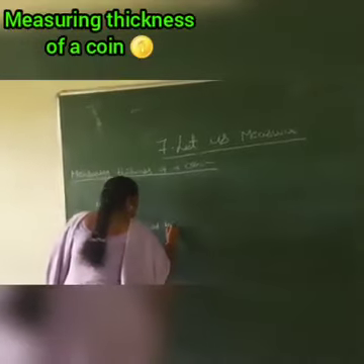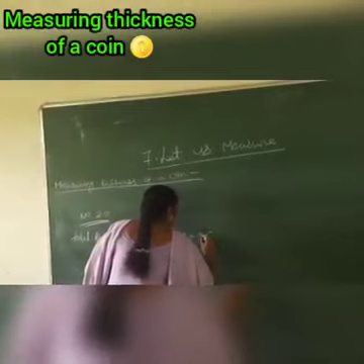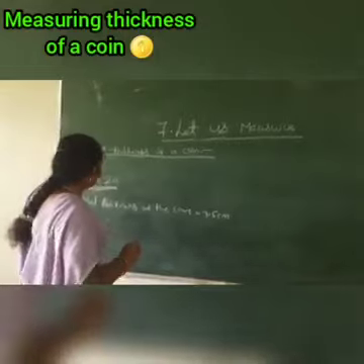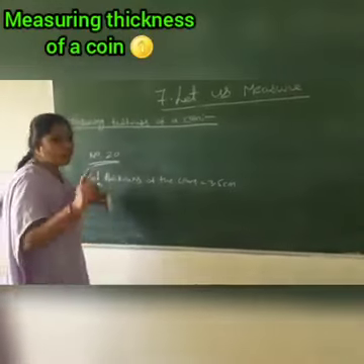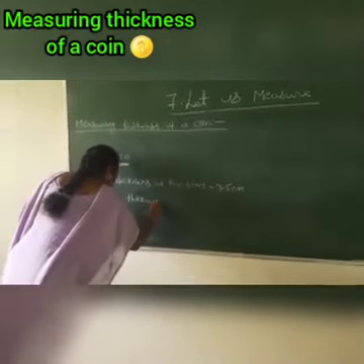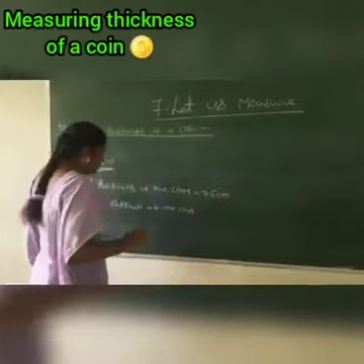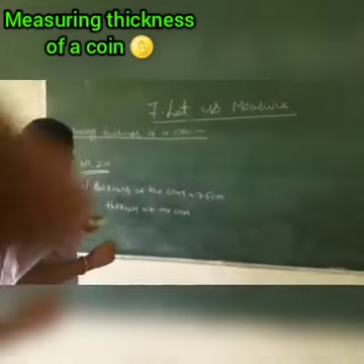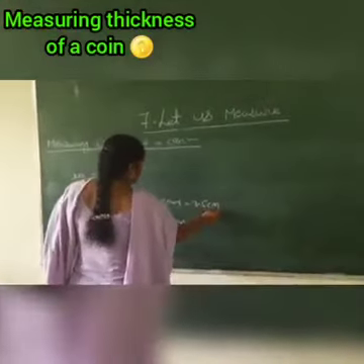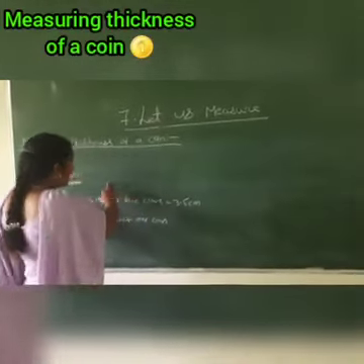If we want to get the thickness of one coin, we divide the total thickness of the coins by the number of coins.